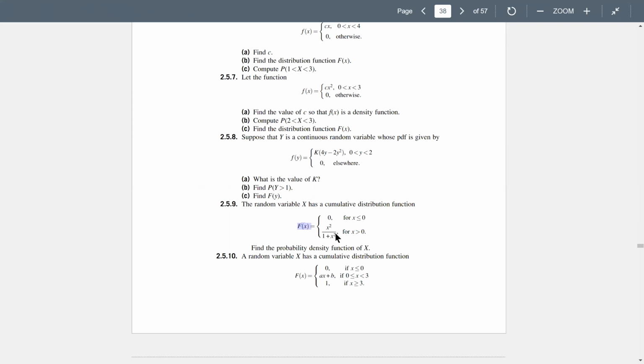Through the integration of the density function. So now that you have the cumulative probability function, in order to get the PDF in a reverse way, you should use differentiation instead of integration, because through integration, the PDF becomes a CDF.